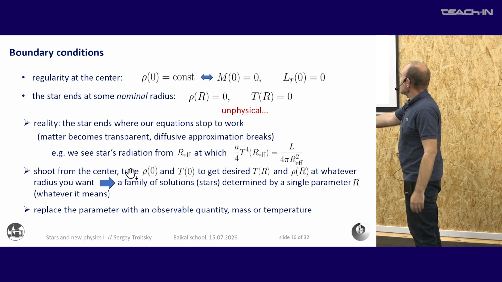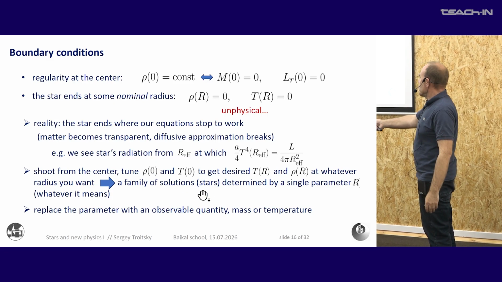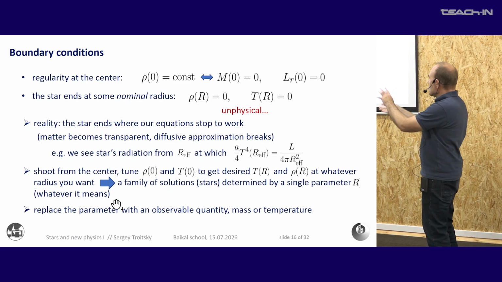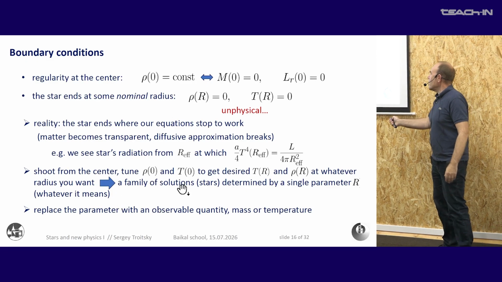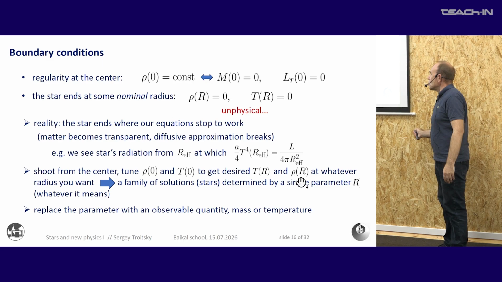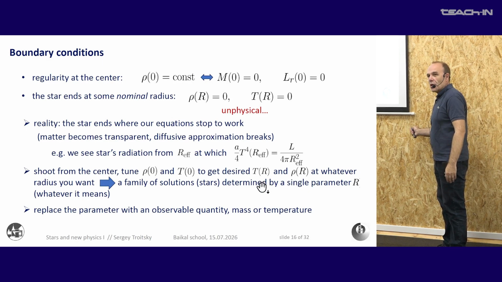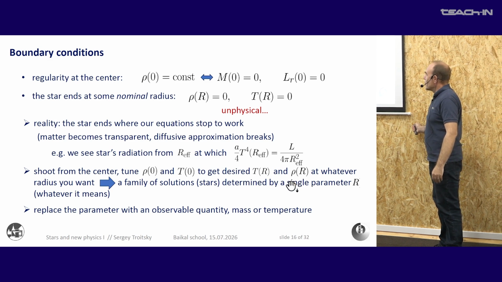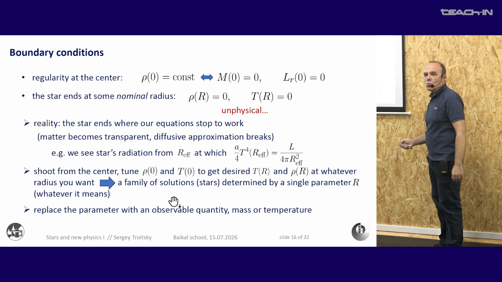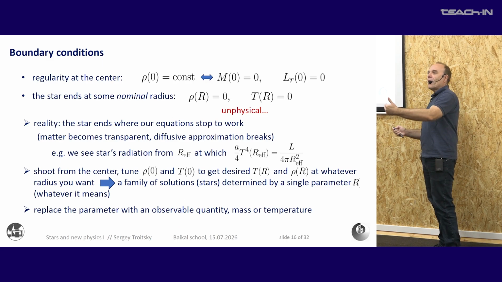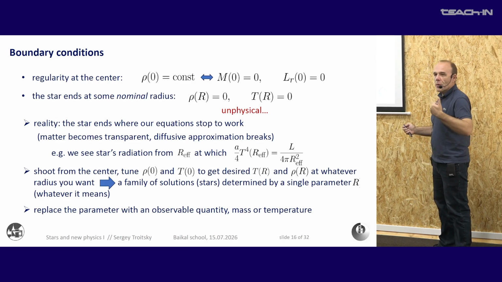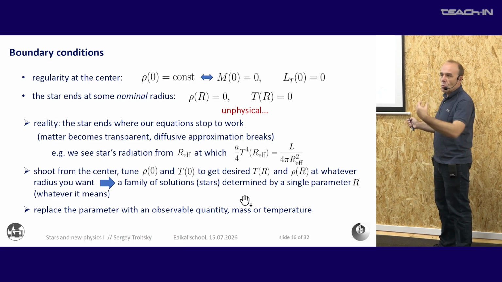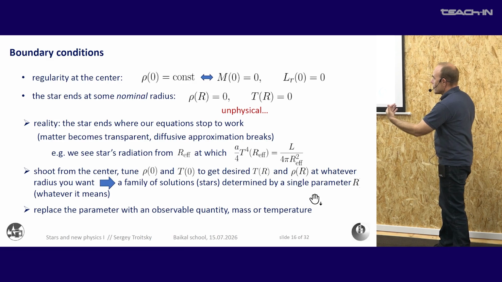We shoot from the center with these 2 parameters at 0, and tune them to get at any radius which we want the desired temperature and density. And this means that this shooting determines a family of solutions parameterized by which? Parameterized by a single parameter, which is our arbitrary radius at which we put our boundary conditions.